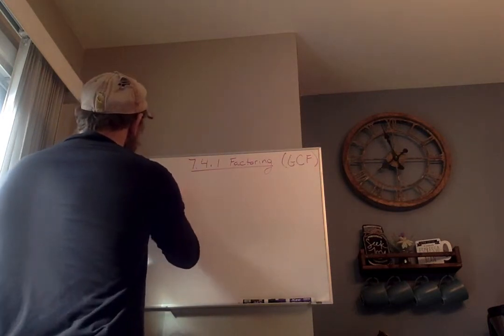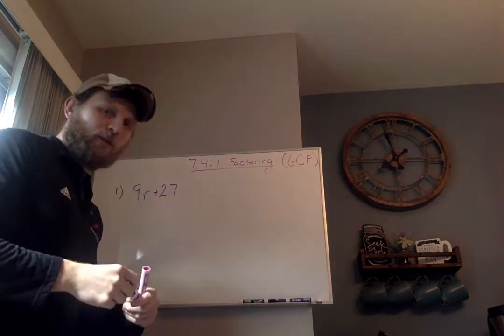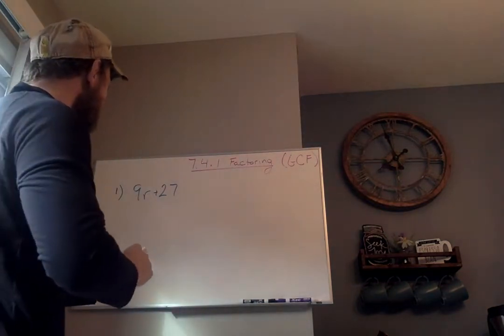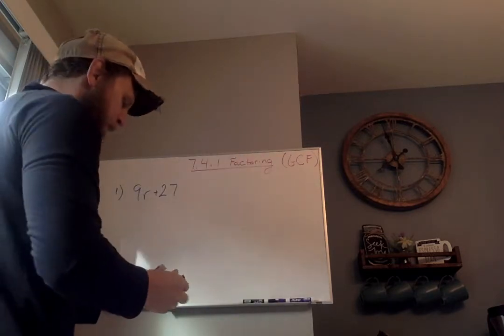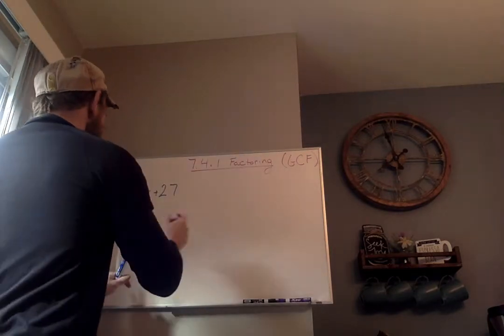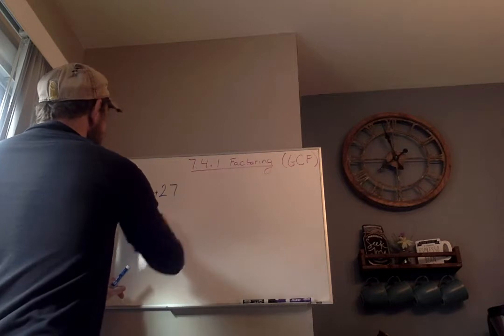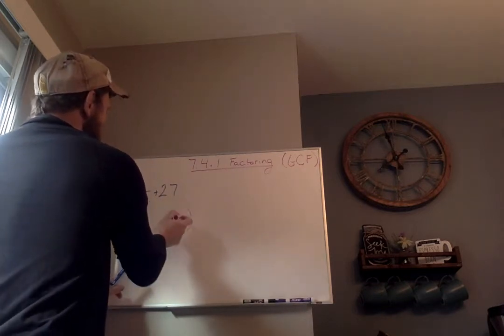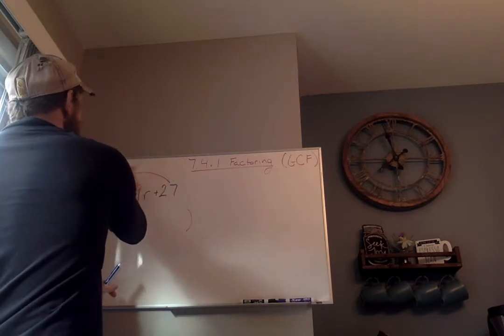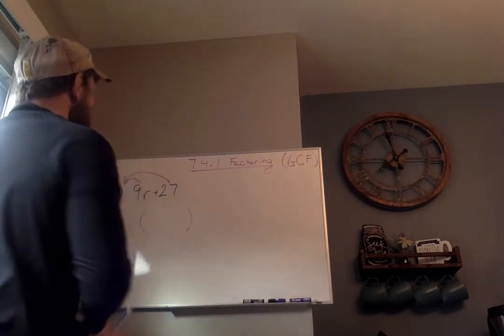9r plus 27. So what I want to do is find something that goes into 9r and 27, and I want to pull that out. So in essence, my answer is going to look something like this. I'm going to have something in parentheses, and I'm going to pull something out, and there'll be a number outside.